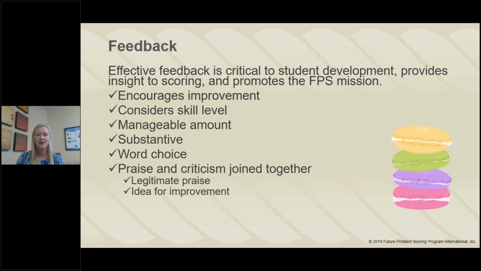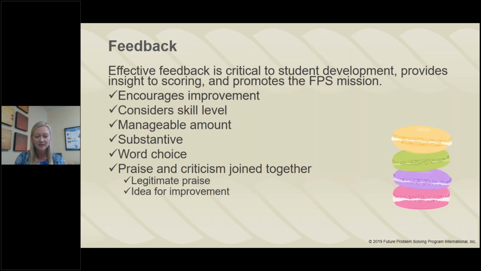Comments such as, "Your challenge that you wrote for step 1, number 3, had a really strong connection to the future scene, and you explained that cause and effect relationship. That number 3, what you did there, could be replicated in the other challenges where you were needing some improvement."